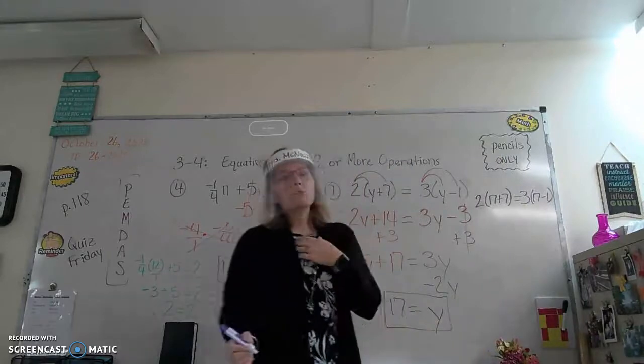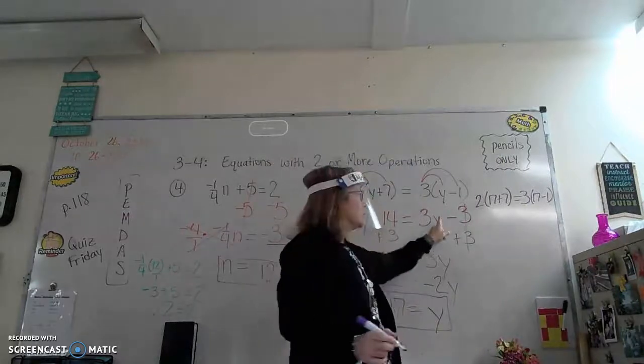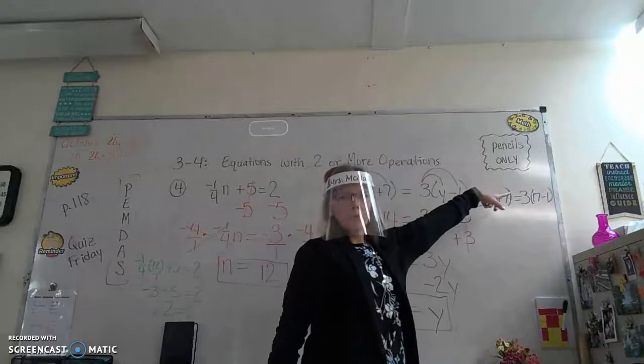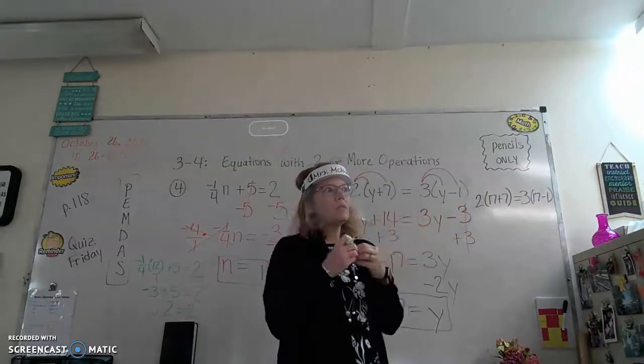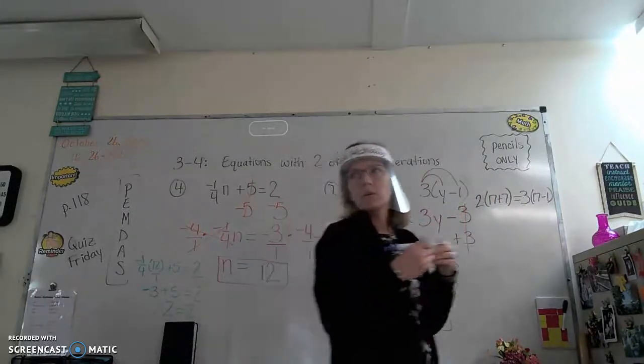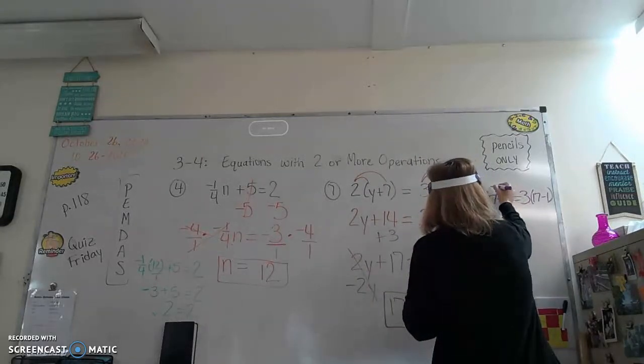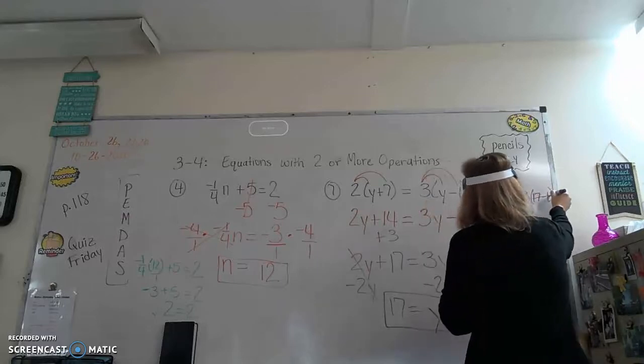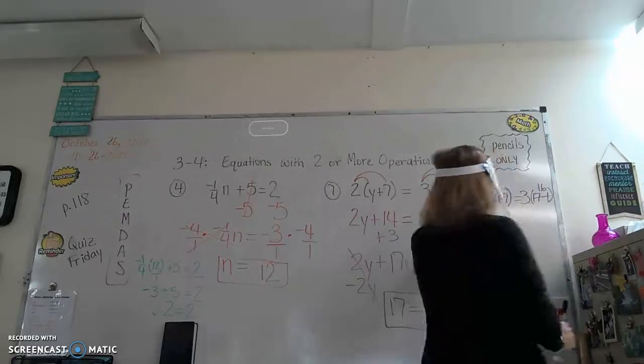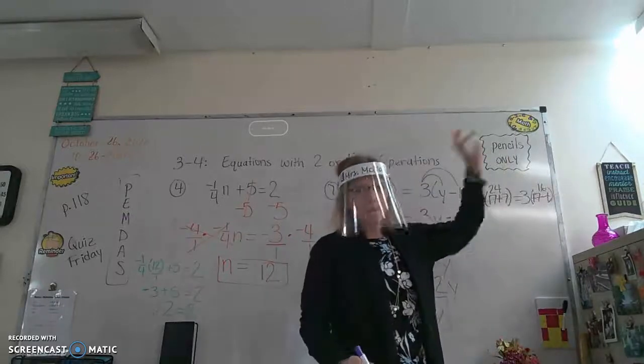You could do this 2 ways. You could distribute the numbers on the outside to what's in the parentheses, or you can solve what's in the parentheses first. I'm going to solve what's in the parentheses first. It's easier. 17 plus 7 is 24. And then 17 minus 1 is 16.